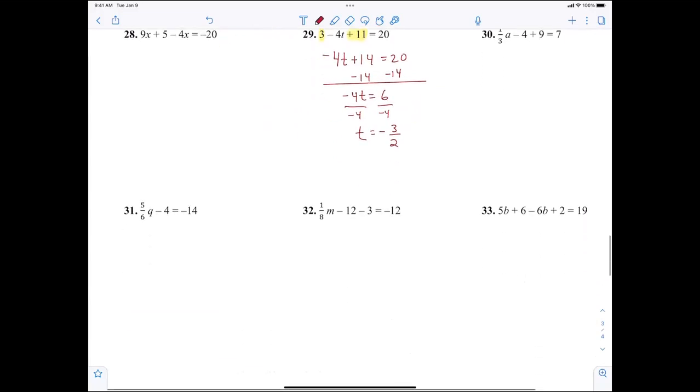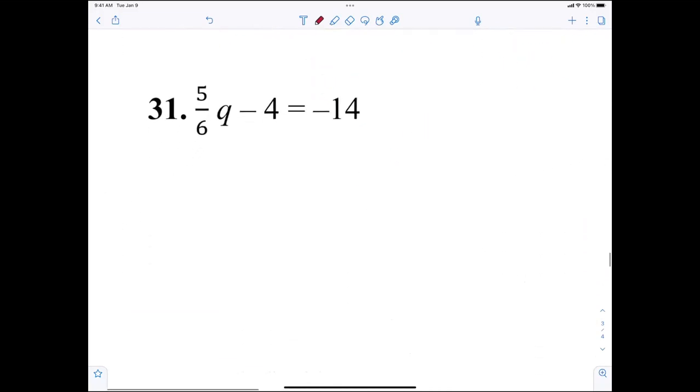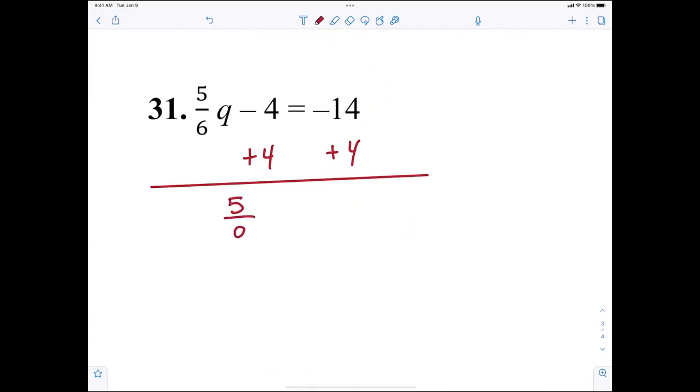31. You do plus, right? Yes, 31. +4, +4, and then you get 5/6 q equals what?